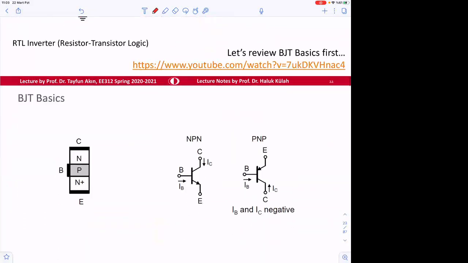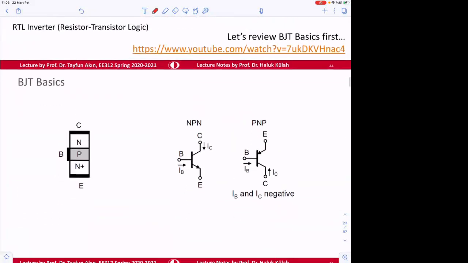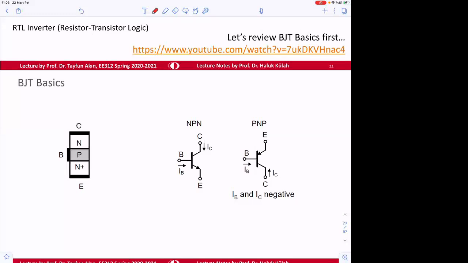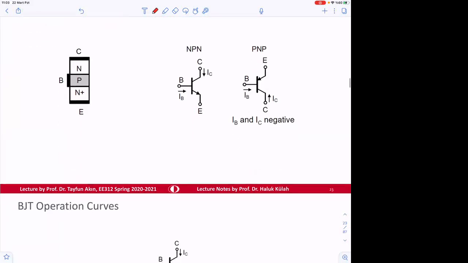But before going into details, we can look at the NPN and PNP transistors and the basics of it. I think in your EE312 course, you have seen how this device is operating in a very detailed way. Okay, so we say that this is the device.